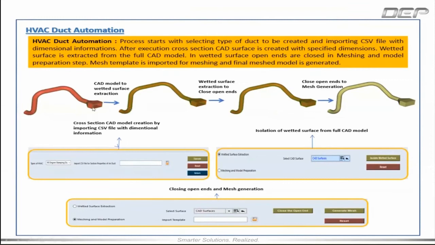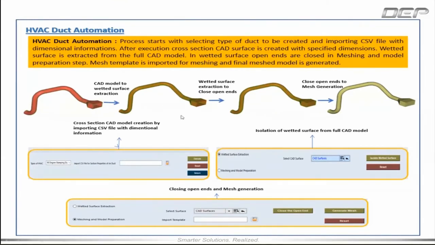From the 3D CAD, we need to isolate the wetted surfaces, where the air flows are going to be, and then enclose the wetted surfaces and do the meshing for it, where the simulation is going to be. The meshing up to the tetra meshing needs to be taken care of by the automation, which is a straightforward workflow for all the kinds of ducts which the particular OEM is following.